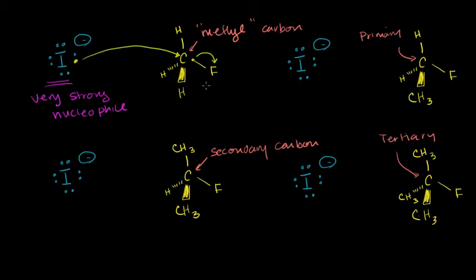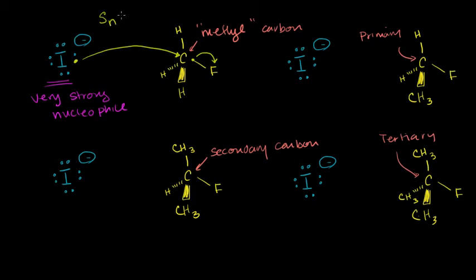Once again, S stands for substitution, N stands for nucleophile, and the 2 means that both of the reagents are active in the rate-determining step. This really is only 1 step of the process, and this is the slowest part of the process. This is actually the whole process right here.